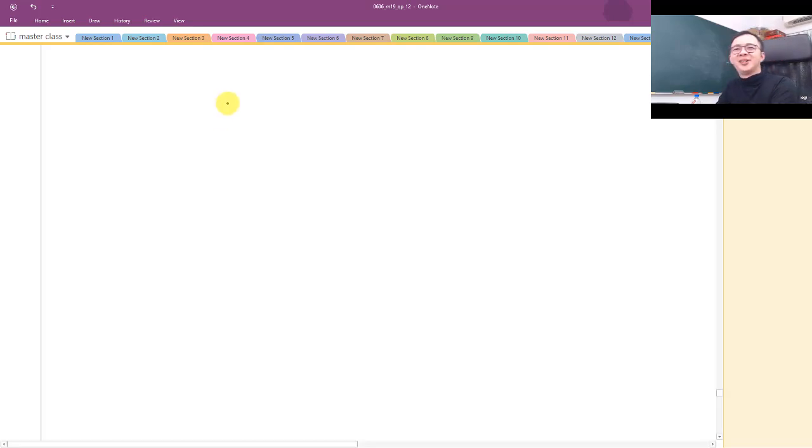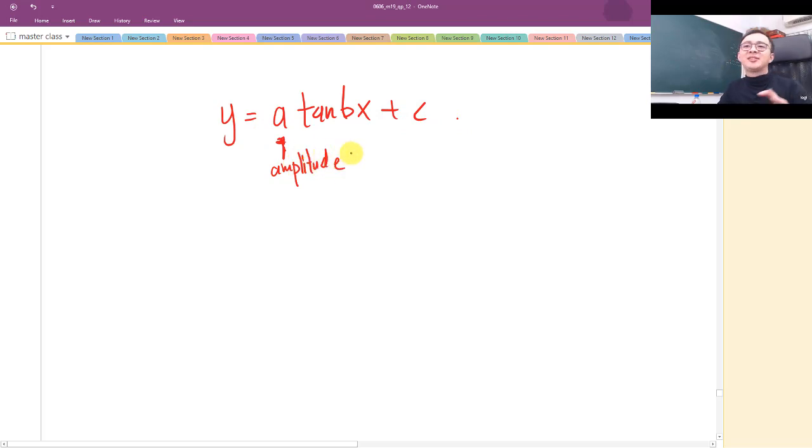Okay, let me go to the tangent. If you get this one, A is basically the amplitude, but with tangent it is actually quite hard for me to explain the amplitude here. Bx is related to the period; we use bx to find the period.